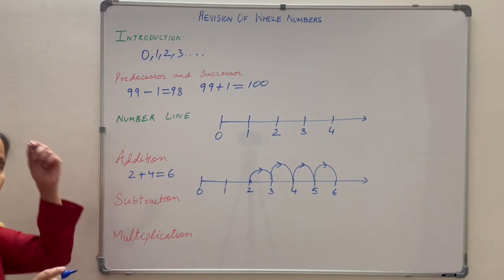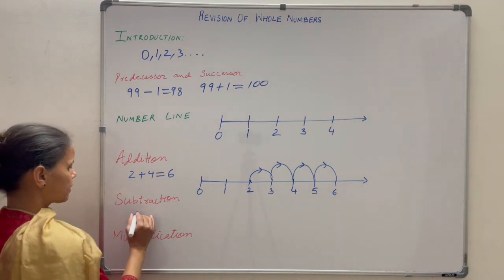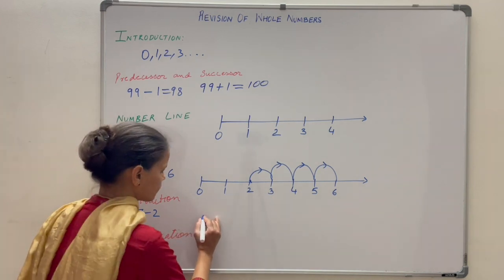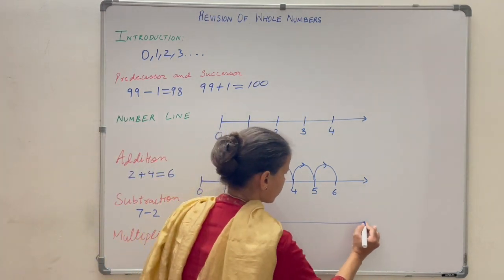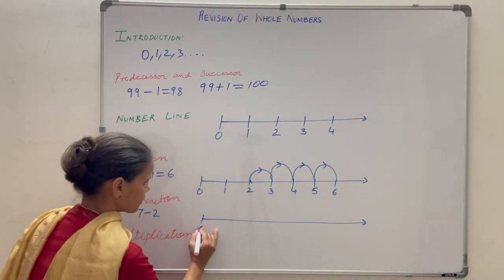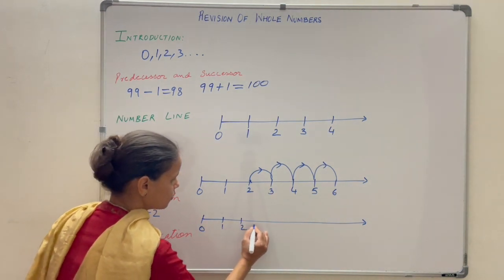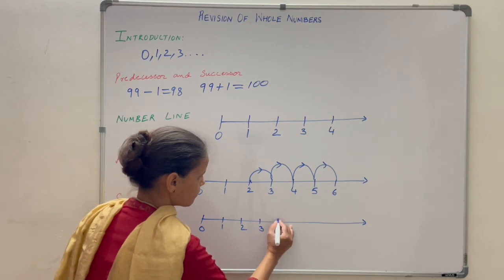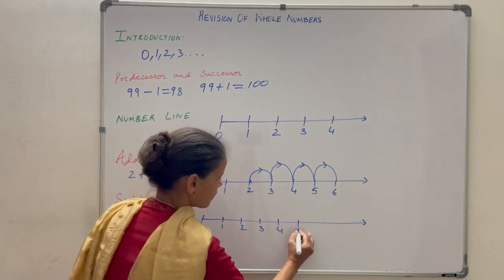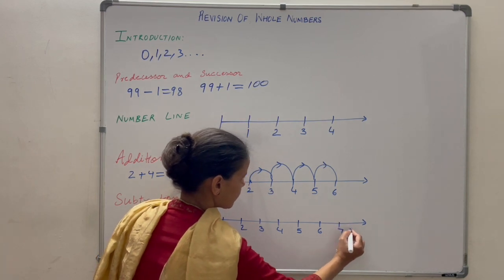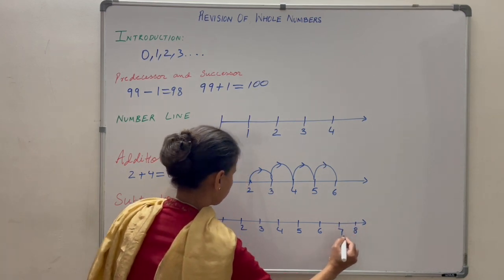Now let us see how to do subtraction on a number line. Say, for example, 7 minus 2. To do that, first let us draw a whole number line. It starts from 0, then 1, 2, 3, 4, 5, 6, 7, 8.